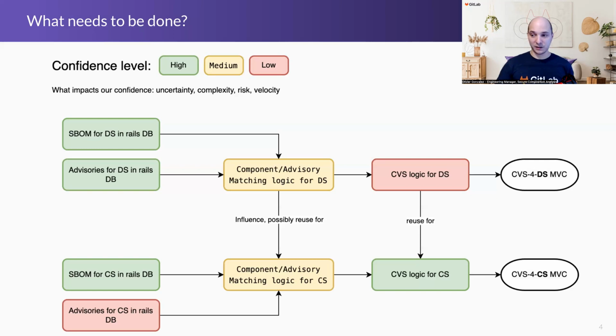Once everything is done, we will have our MVC. This is also a critical point to understand here. Between the current approach and what continuous scans will deliver, there won't be a lot of visual changes for the customer, because in the end, it's not about where we are putting that information, but how we are achieving that scan and where we are achieving that scan and when particularly.